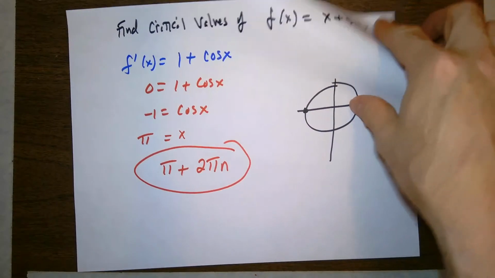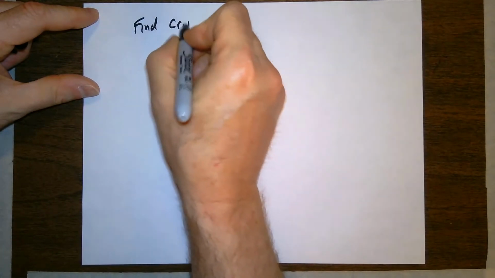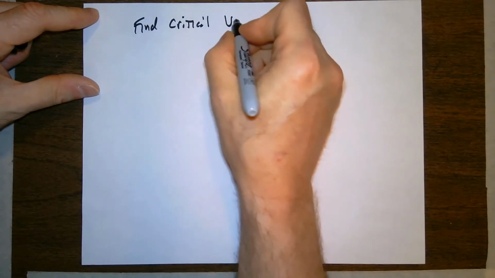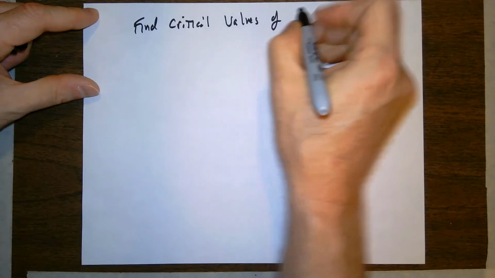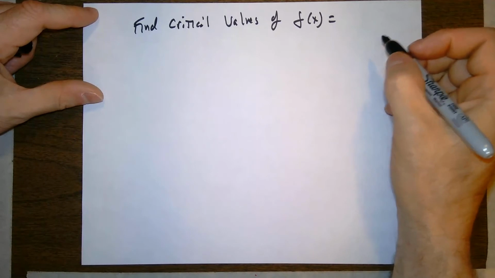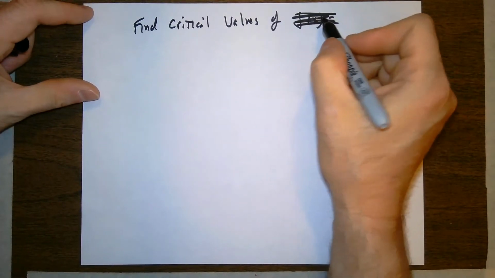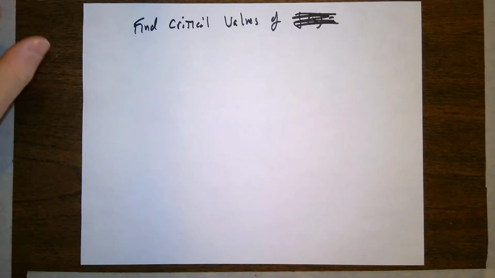All right, one more example. So I want to find the critical values of the function f of x equals, actually, you know what, instead of doing f of x, let me switch it up on you here a little bit, and you can probably guess what this is and where I'm going with this.